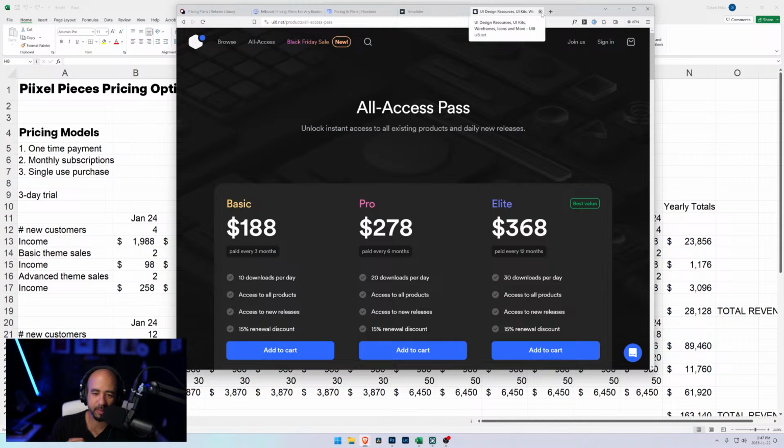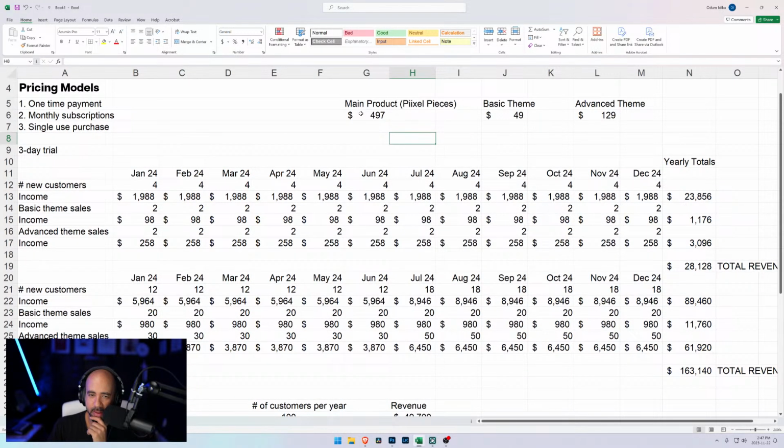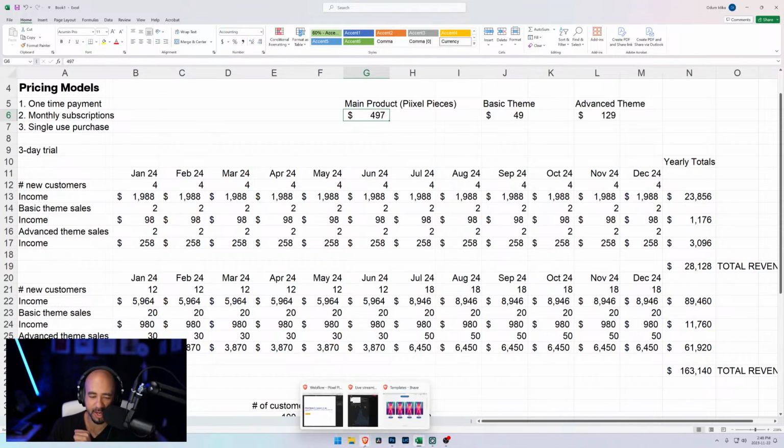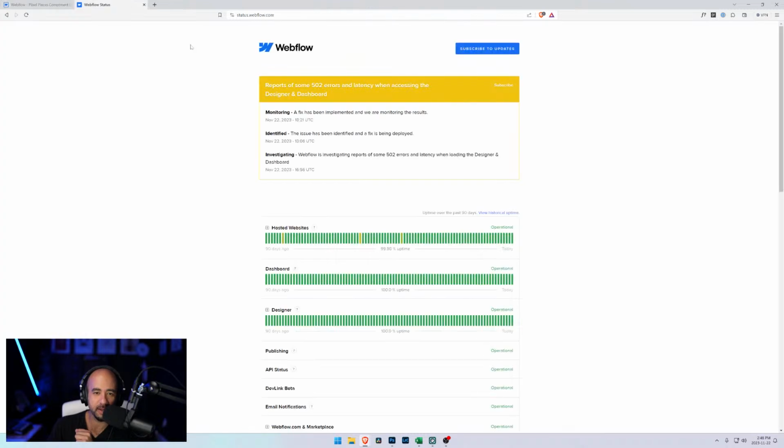Anyways, I think I'll go with something like this. I feel like that would be a fair price. But of course, we have to finish actually building out our components. And how's the Webflow? What's it doing?